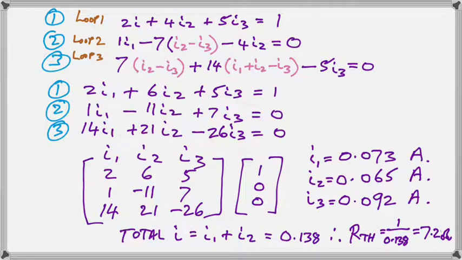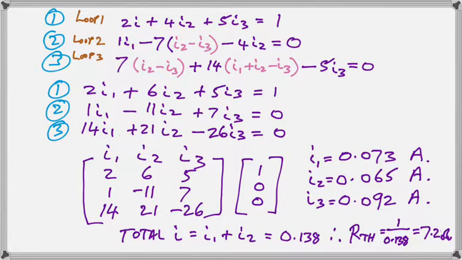It remains for us now to put them into the matrix and solve them to find the current values I1, I2, and I3, which I have done on this page, and it's done in such a manner that students will easily be able to follow what is going on.